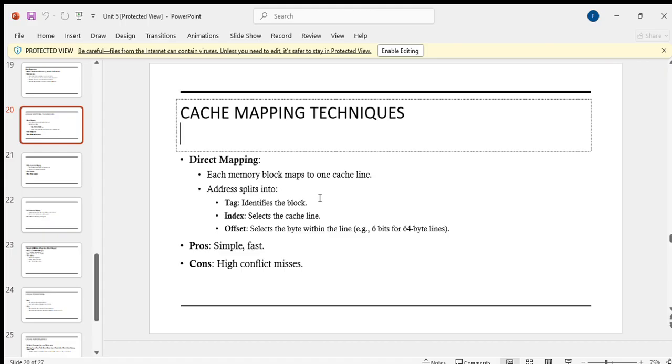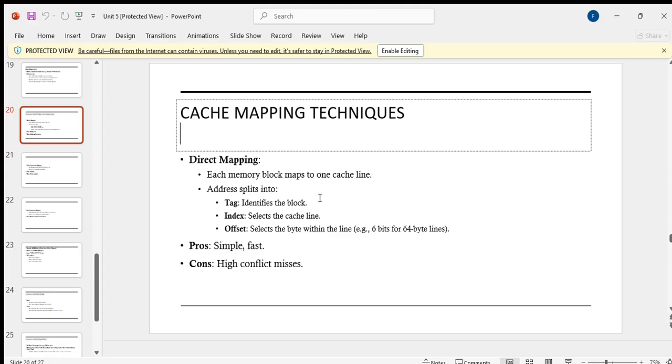The address is split into three parts: the tag, index, and offset. What do we mean by tag? This identifies which memory block is being referred to. It helps in checking if the right block is currently stored in the cache.